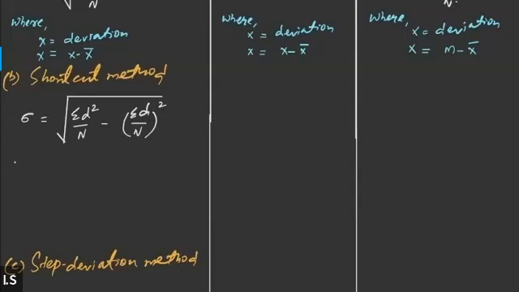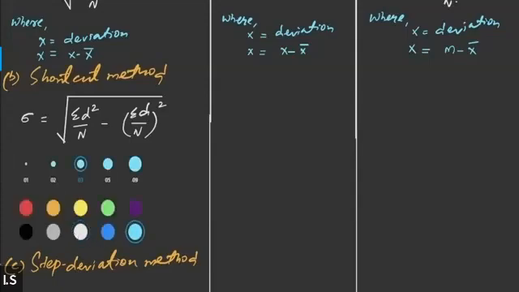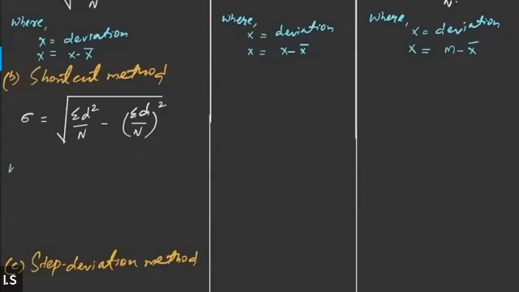And what do you mean by d here? This time d means deviation. Now since it is a shortcut method, in order to find the deviation, this time we don't have to find the mean. Instead, we take the assumed mean and calculate the deviation. So the formula for deviation will be item minus assumed mean.